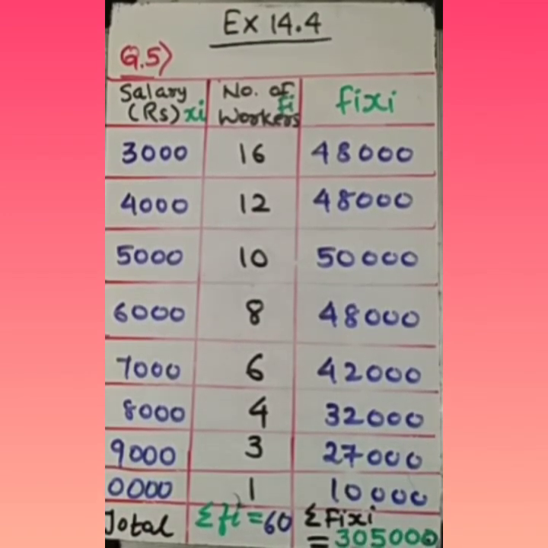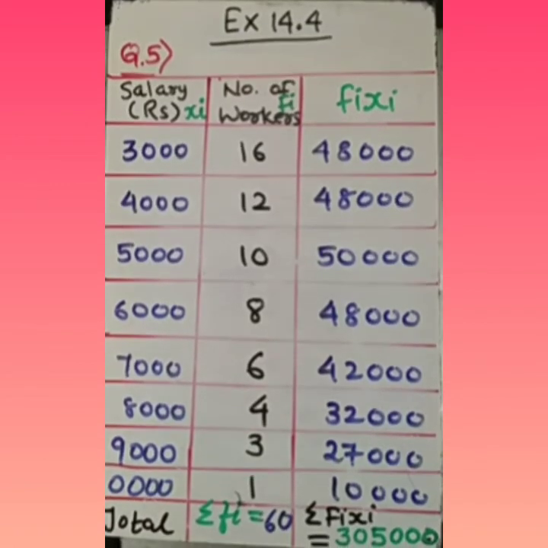The sum of this will come to 305,000. Every time we have the 1000 factor. So we got the summation of fixi, and we have the summation of fi. Keep both values in mind, because now we are going to apply them to find the mean of the given data. Let's see further how to work it out.